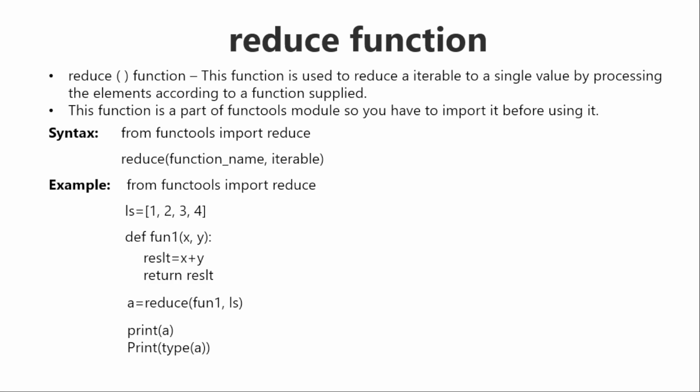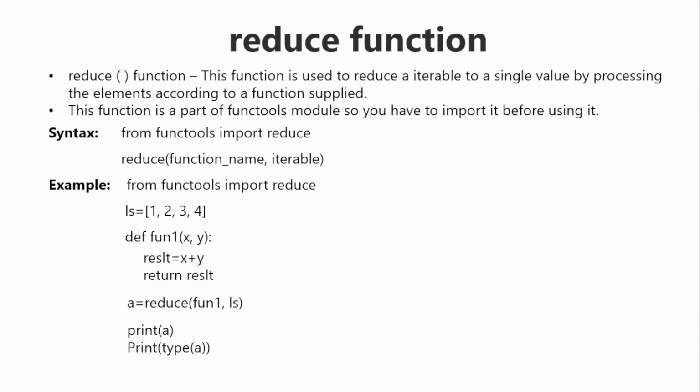The syntax is reduce, function name comma sequence, where the sequence will be an iterable. Before using the reduce function, we need to import it, which is why I have mentioned it first. So we need to write the import of the functools module and the reduce function, then we can write reduce with the function name comma iterable.